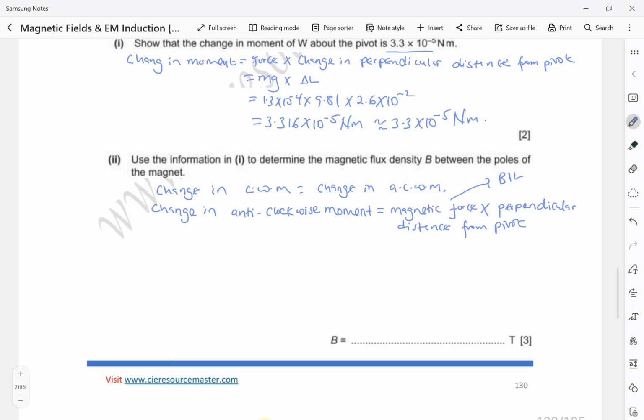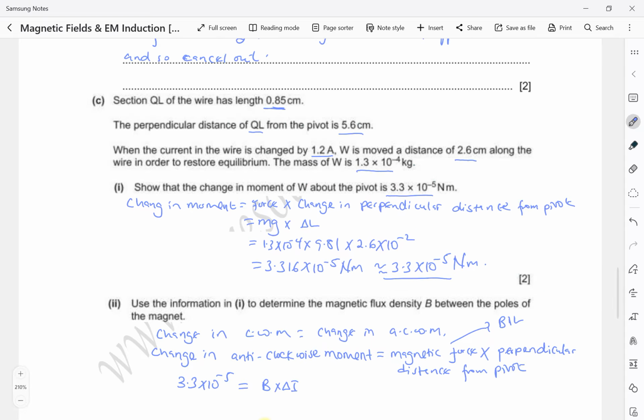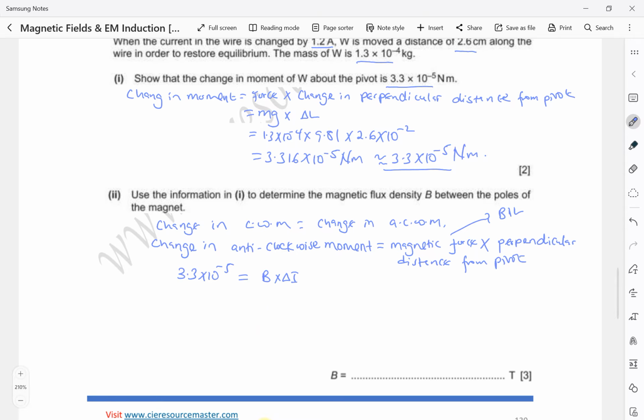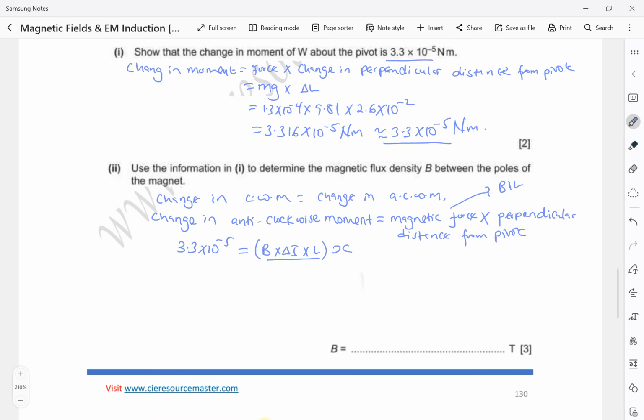Because the change in clockwise moment was given by this one here, I'll simply say that 3.3 times 10 to the power of minus 5 should be called the anticlockwise moment, which is going to be B times the change in current, because they said when the current in the wire is changed by 1.2, there will be a change in magnetic force, which is going to be delta I times the length L of the wire in the magnetic field, then times the perpendicular distance x. So this is the magnetic force times perpendicular distance x.